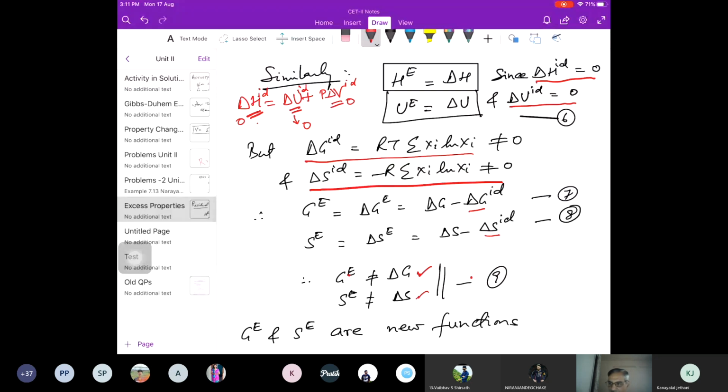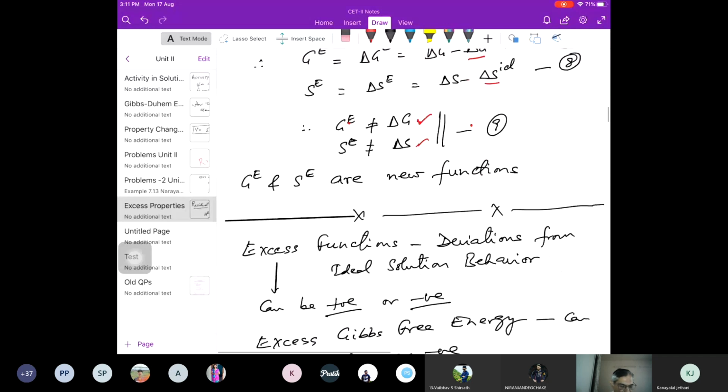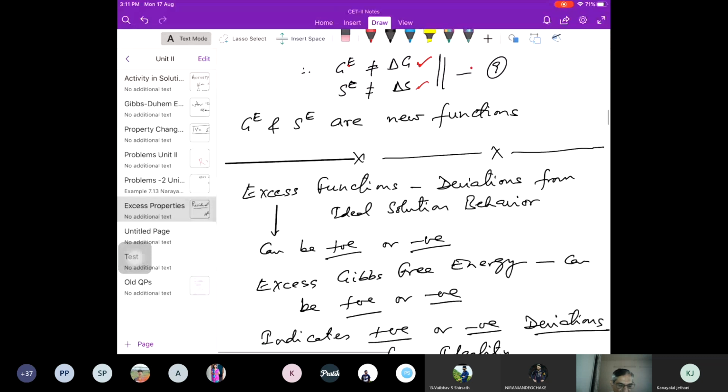Any doubts, questions on this? Okay, there are no questions. That means we have introduced two new terms, new functions, G excess and entropy excess. They are new terms, new functions which we have defined now. So now we'll see excess functions essentially define deviations from ideal solution behavior. हमने देखा था, right?